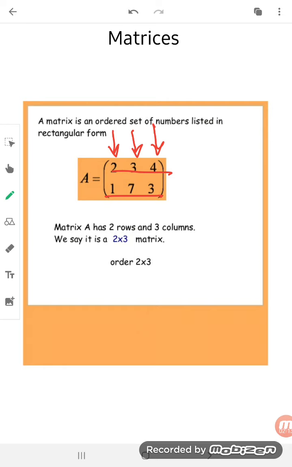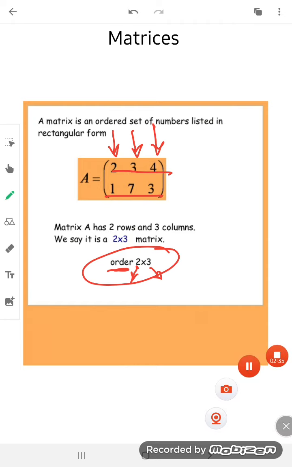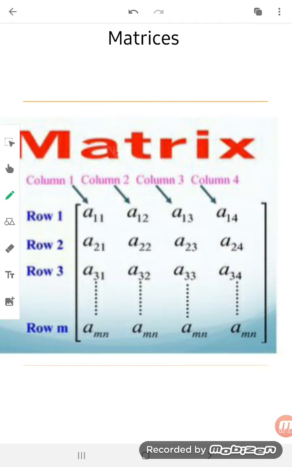So this matrix is of order 2 by 3 because it has two rows and three columns. So the order of the matrix is the number of rows and the number of columns. After that, the general form of the matrix.